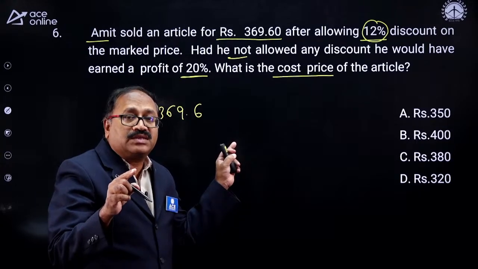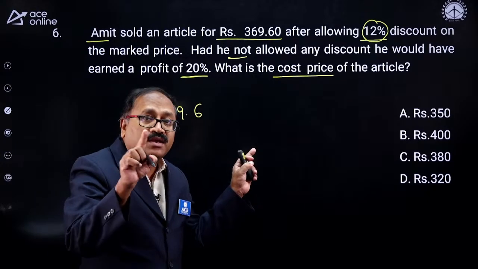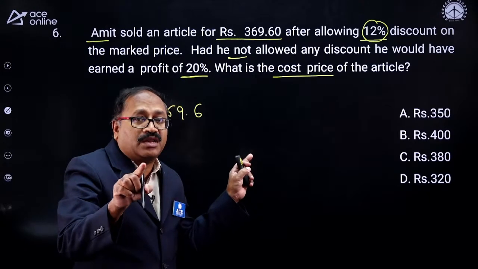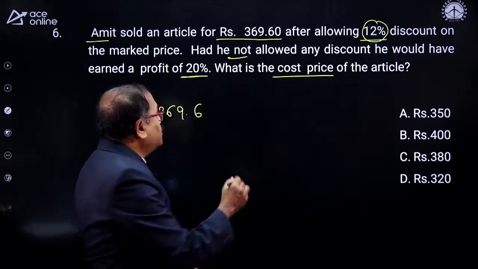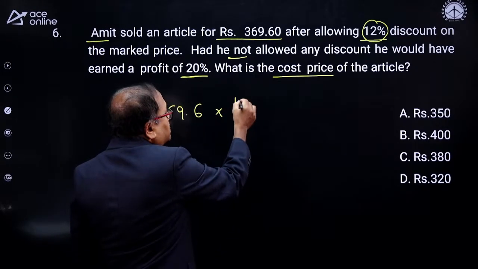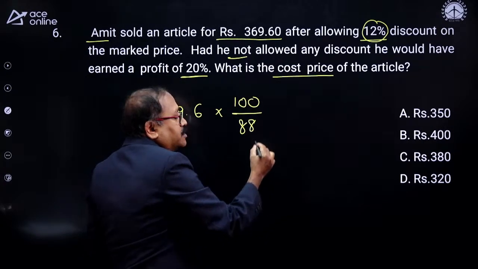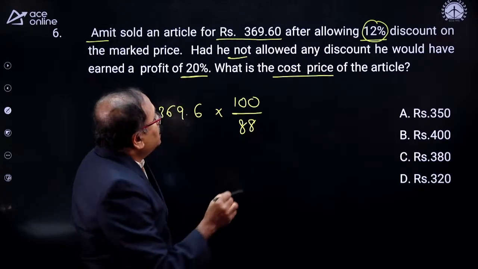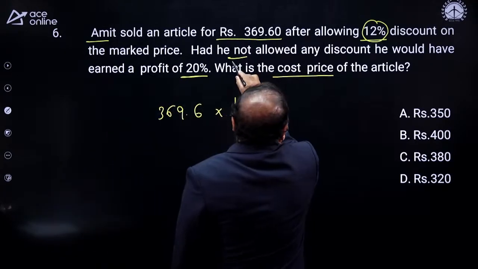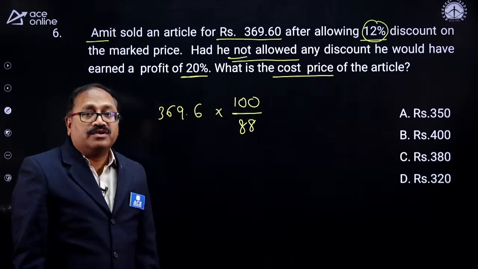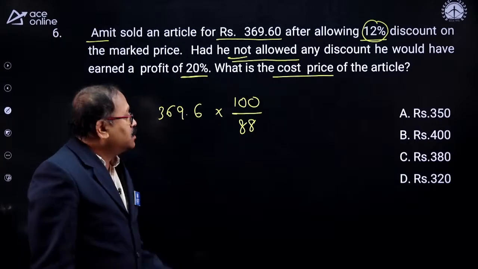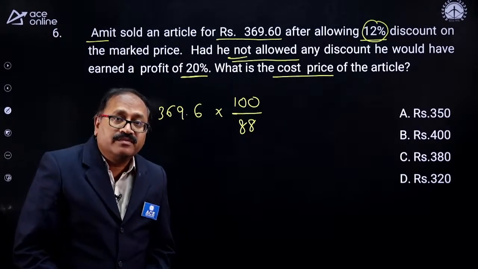This selling price is 100 minus 12, that is 88% of the mark price. So in order to get the mark price, multiply this by 100 and divide by 88. This is the mark price. And if you do not give a discount, in that case, this is your selling price.